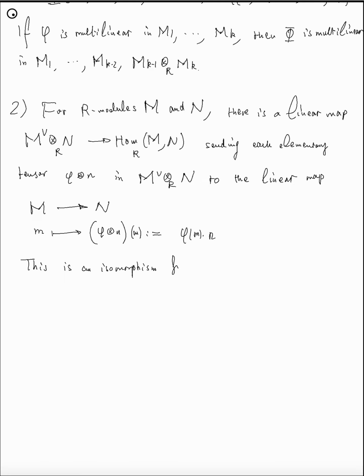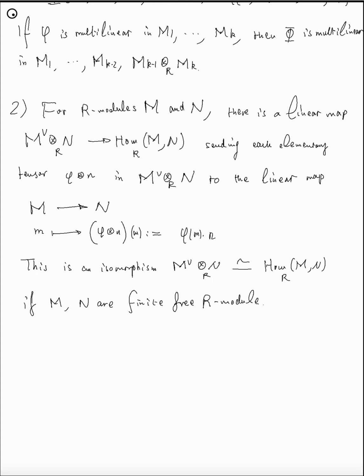This is an isomorphism if there's some condition on M and N, and we'll give counterexamples. If M and N are both finite free R modules, which means free R modules of finite rank.